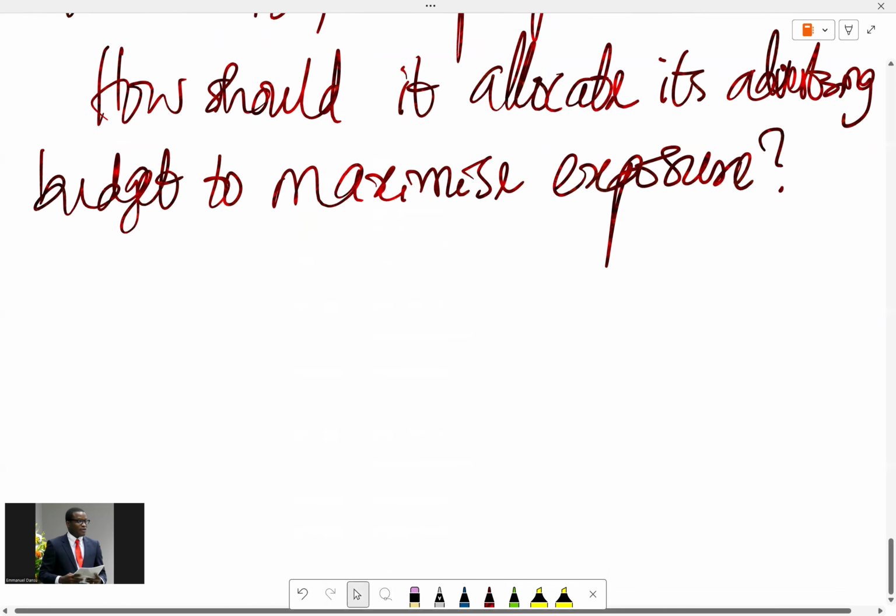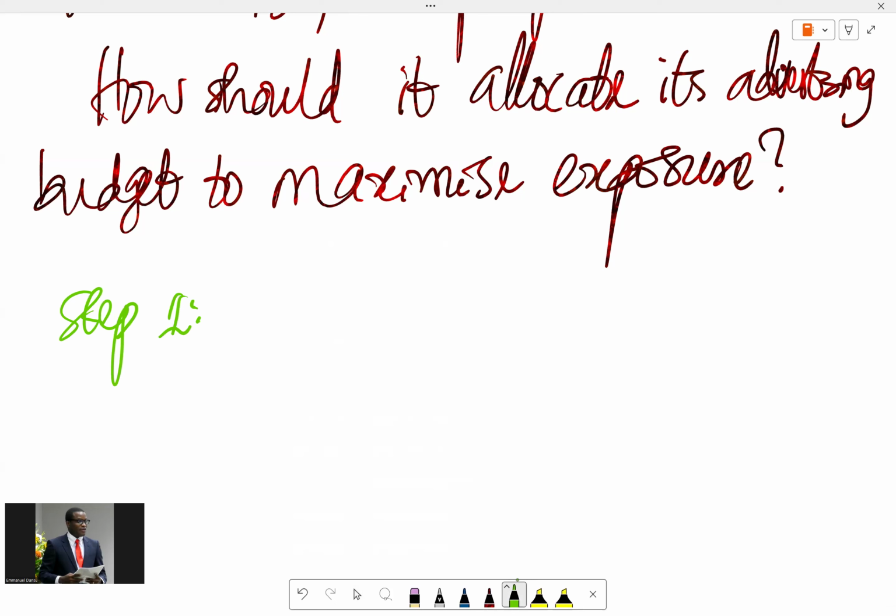We can go about it this way. Step one, define the decision variables.